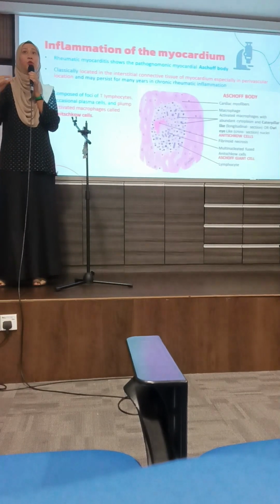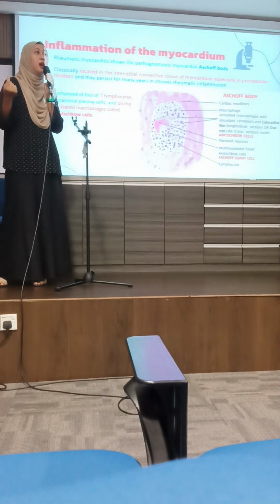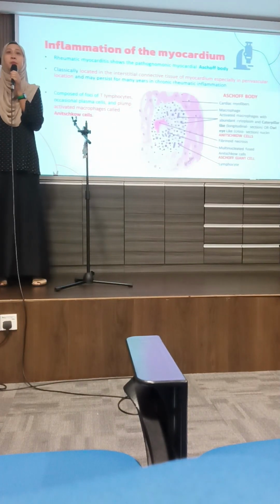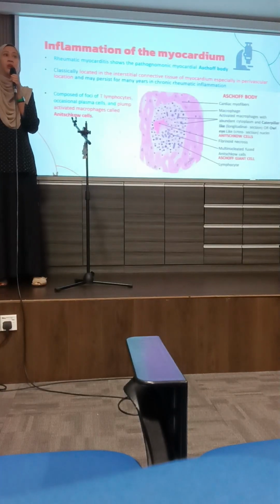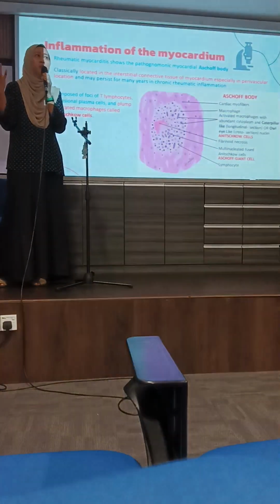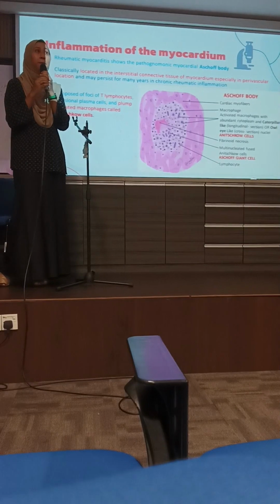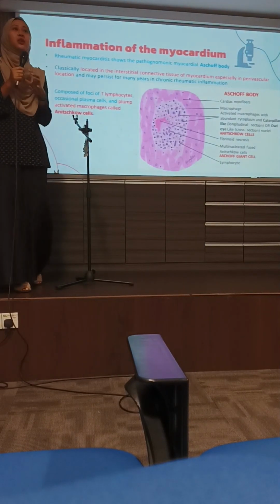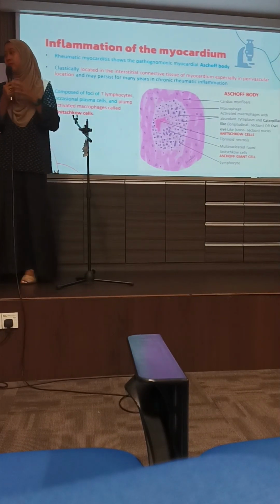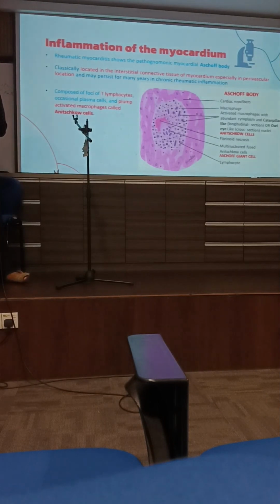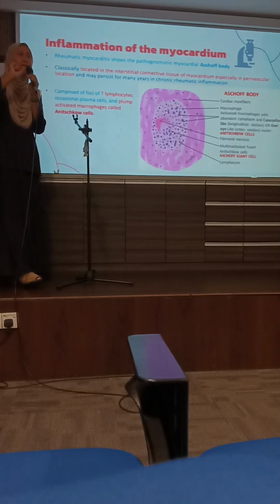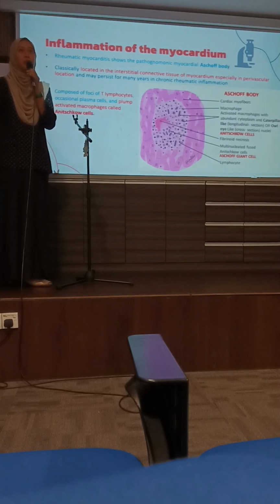But here, instead of being epithelioid, they are plump. They are very big and plump. Okay. They have a lot of cytoplasm, and then some of them even have characteristically caterpillar-like nuclei. Okay.